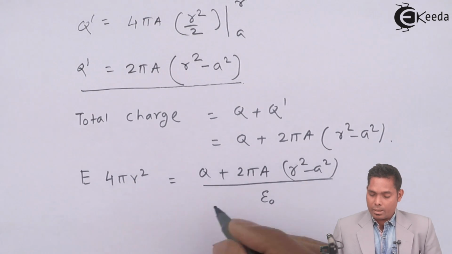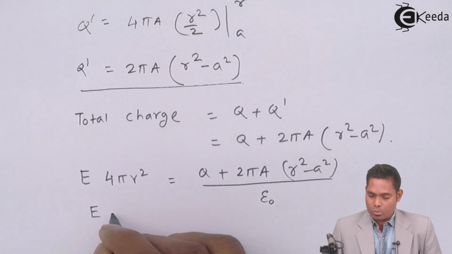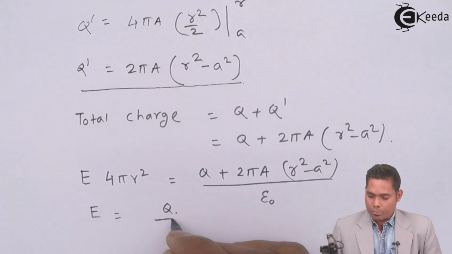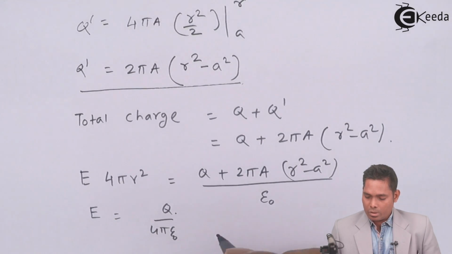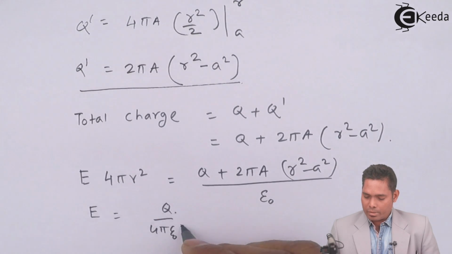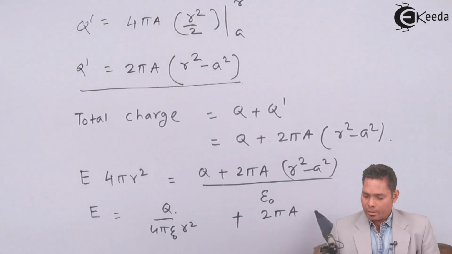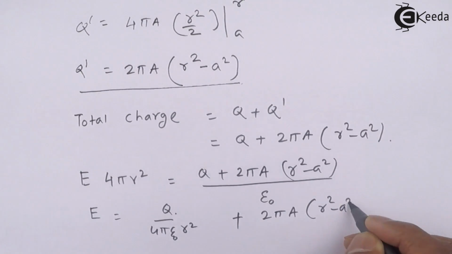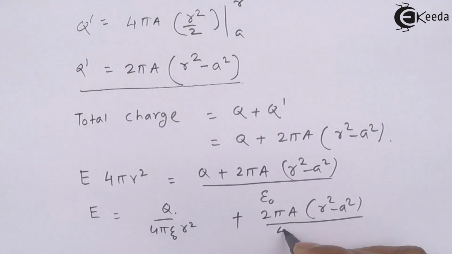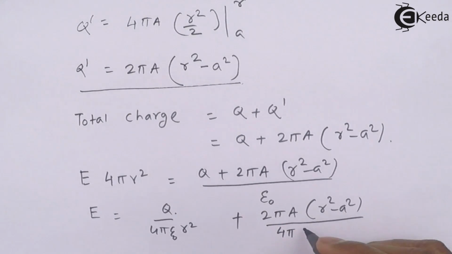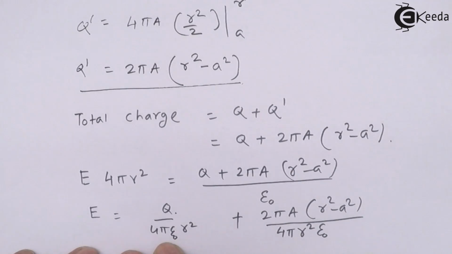So from here I write E equals q upon 4 pi epsilon naught r square separately, plus 2 pi a (r square minus a square) divided by 4 pi r square epsilon naught.